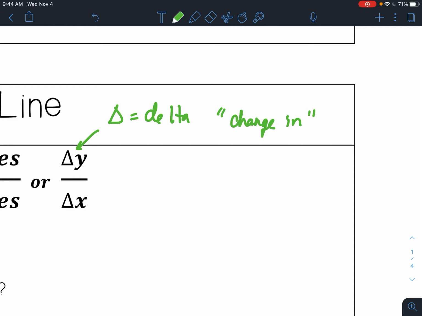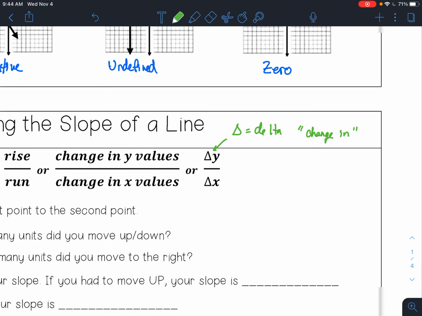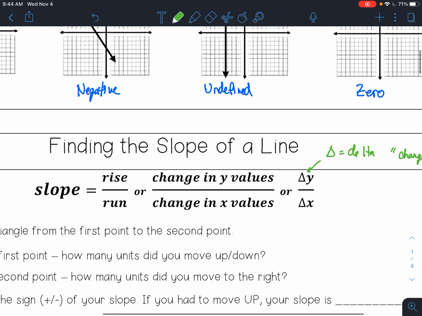But otherwise, you also will see it with the gas laws and eventually in physical science. Chemistry uses it for the gas laws, some of the physical properties. We use it in physics a lot. We'll use it eventually in other classes as well. You guys will do that next year in geometry. So it's a symbol that's good to know. But again, we're going through and finding the change in y and the change in x.